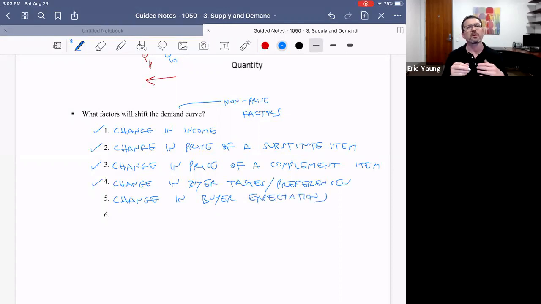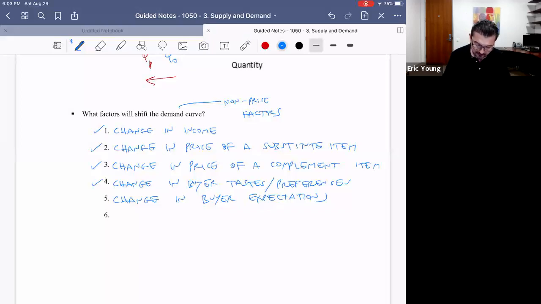Simply put, and this is one of those weird ones where we bring in the role of psychology into economics. There's a bit of a self-fulfilling prophecy sometimes in economic theory, because if buyers expect prices to change, not right now, but sometime in the future, they will oftentimes act in ways that make those changes occur.